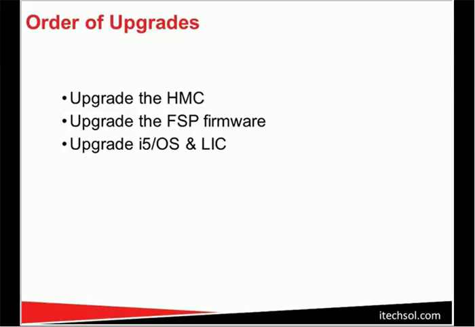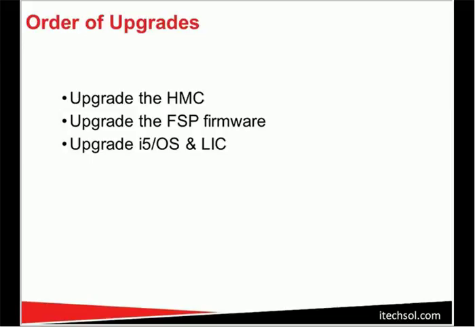So we've had to upgrade the HMC, then upgrade the flexible service processor firmware, then go back and upgrade the HMC to a next higher level, then go upgrade the firmware, because we couldn't just do all that at once. And then we were able to upgrade the OS and the licensed internal code doing an OS upgrade. So it's important to note that the HMC should be upgraded as well as the FSP.